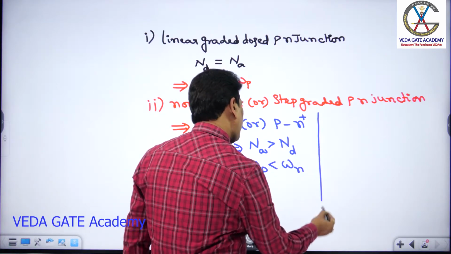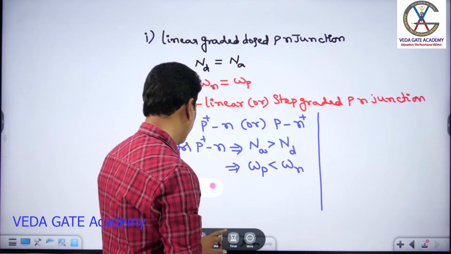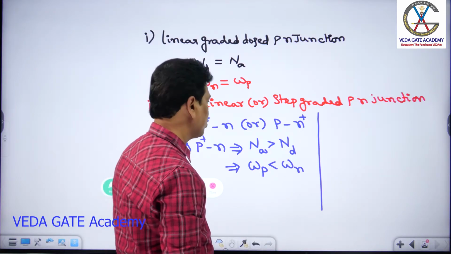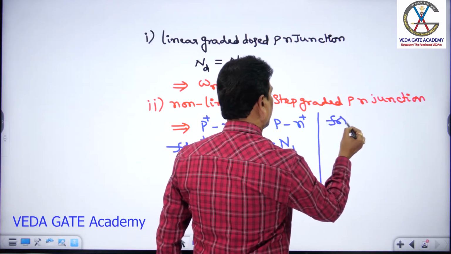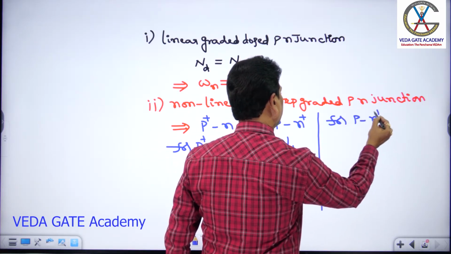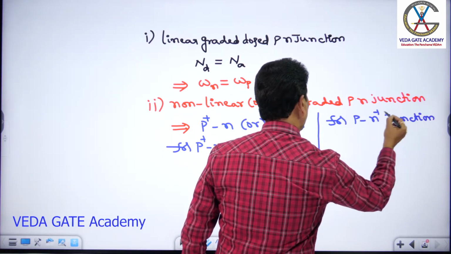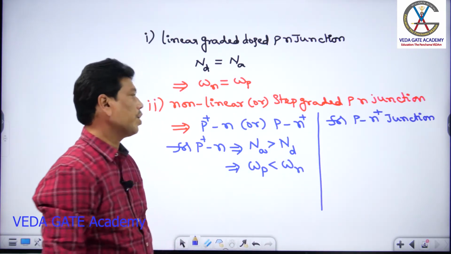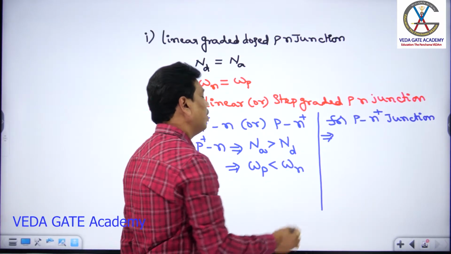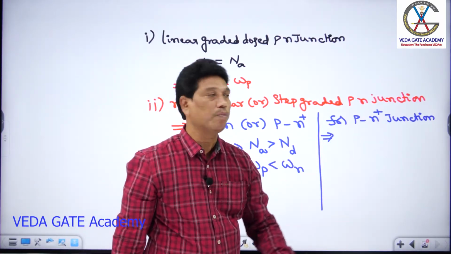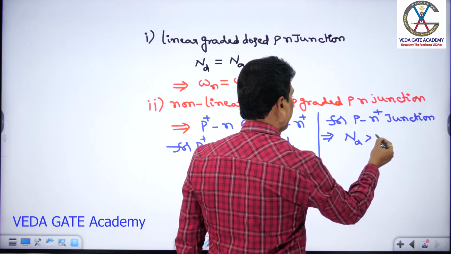Suppose I go for a Pn plus junction. Then the doping order of the N side should be greater than the P side, that is Nd greater than Na.